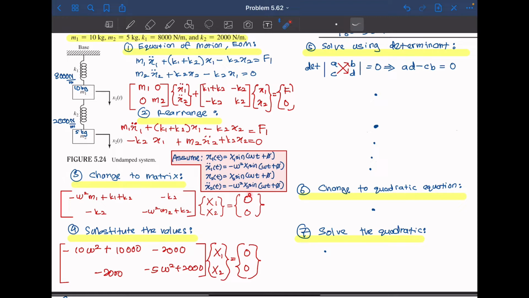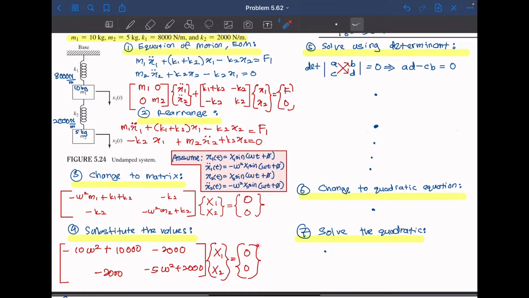In order to find the mode shapes, the exact same steps, but we consider everything on the right side as 0, because we want to find the mode shapes only. The f1 and the other 0 will be used after we've already found the mode shapes.